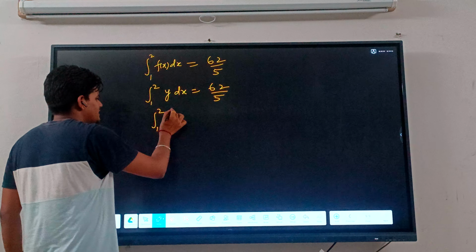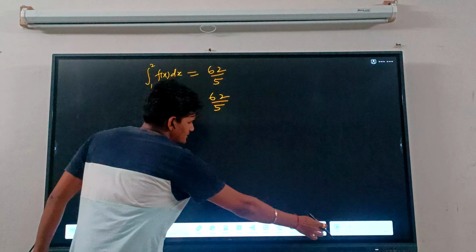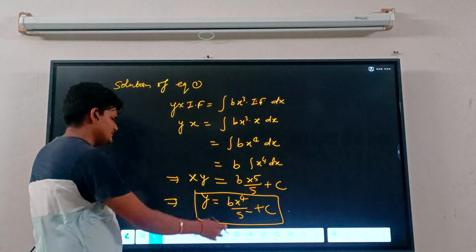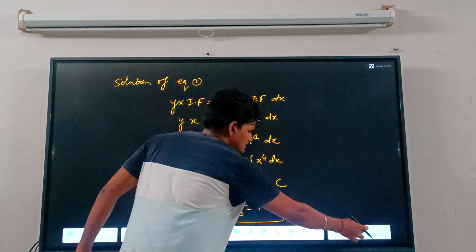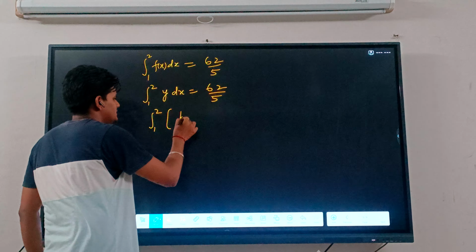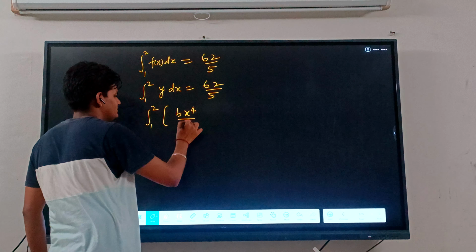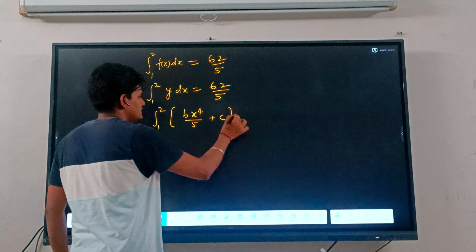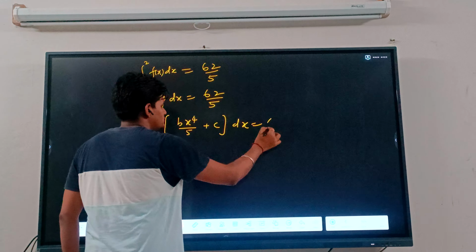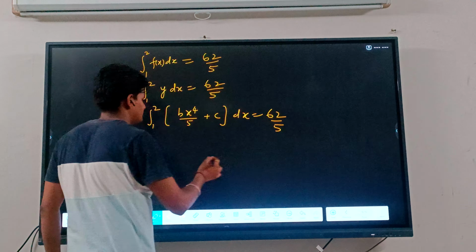The value of y from the previous page is bx^4/5 + c, so the integral of this dx is equal to 62/5.